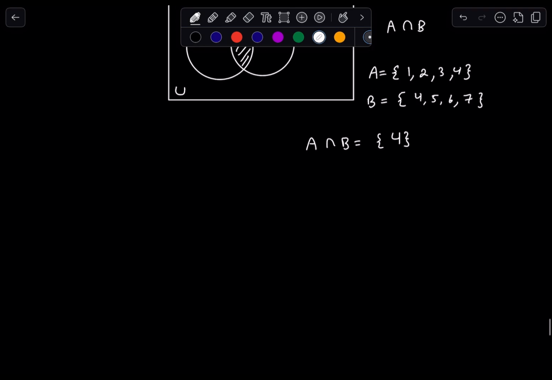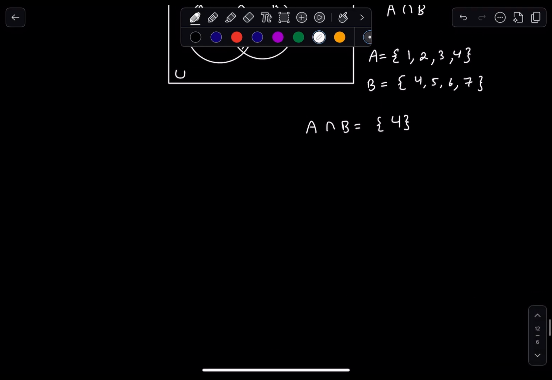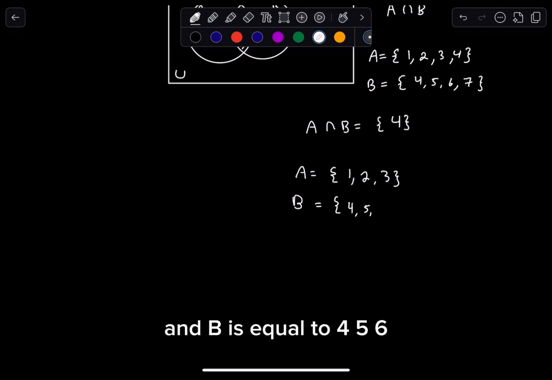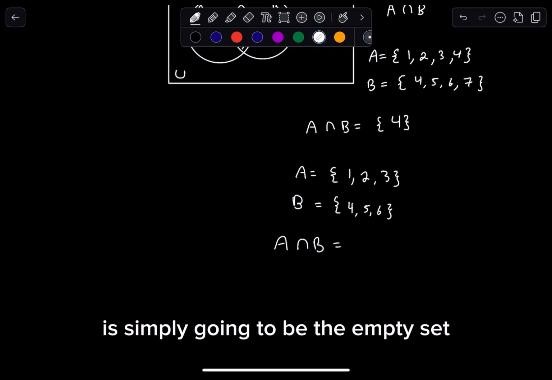If both of these sets don't have any elements in common, so say A is equal to 1, 2, 3, and B is equal to 4, 5, 6, then the intersection of these two sets is simply going to be the empty set.